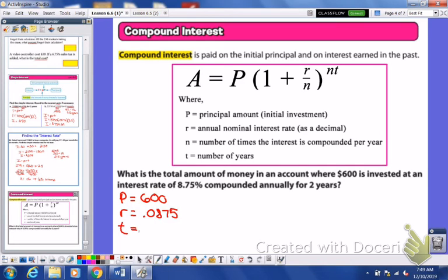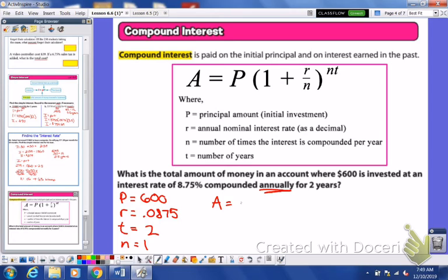T is time in years, so that's 2. Now our N, if it's compounded annually, we want to think how many times a year is annually. So our N would be 1. Now notice we have an N here, we also have an N here. They are the same N's.